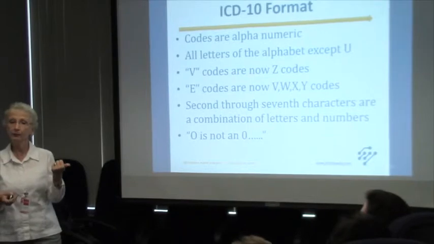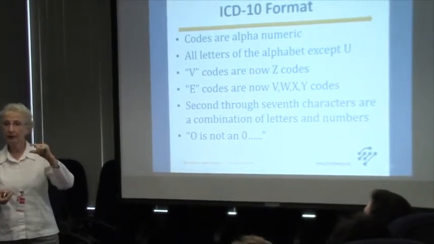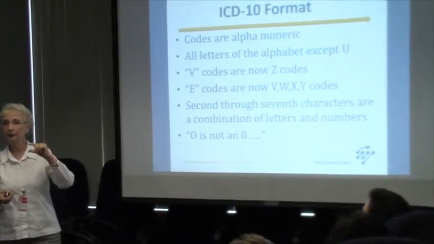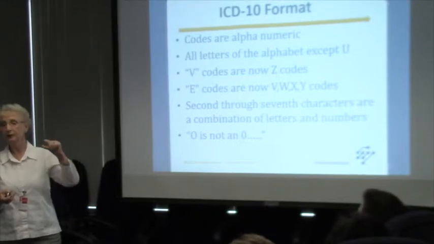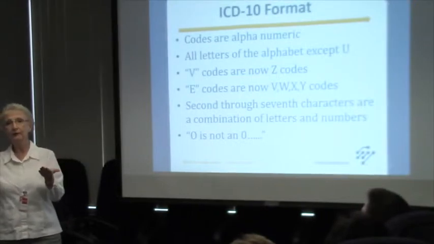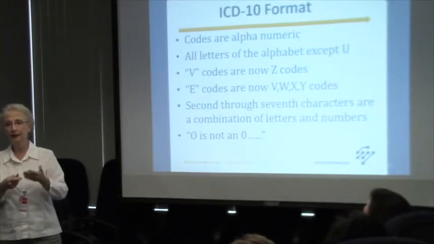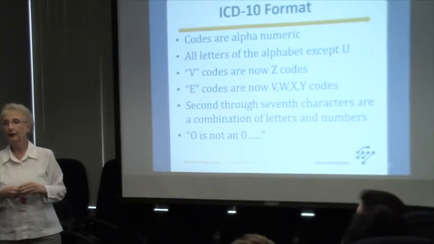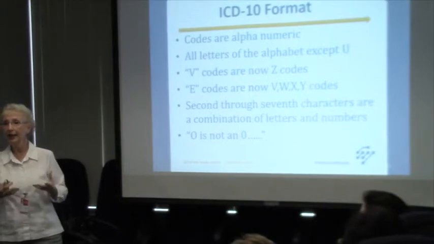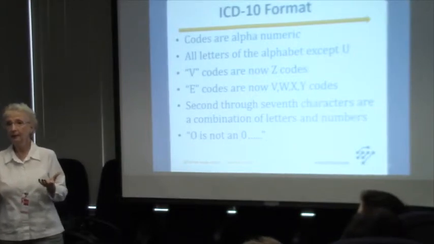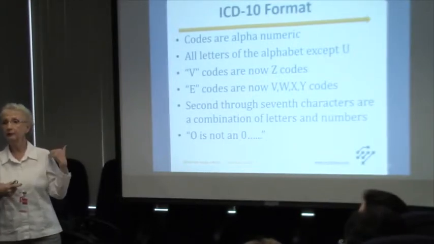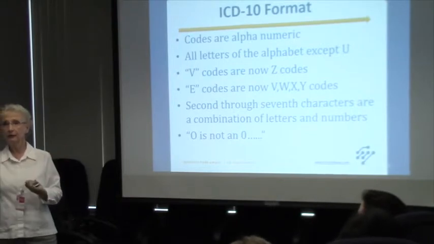If they use an outside billing service, that stack of charge tags that has O's in there that don't look like zeros, that whole bunch, whatever's in there is going back to the provider for clarification. So slow down. You folks, I don't think you get very many handwritten claims, but if you do, I don't know how you're going to figure that out unless that 0 is clearly a 0.